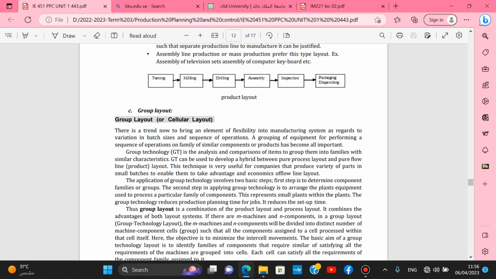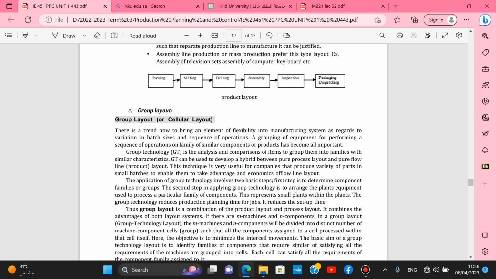This technique is very useful for companies that produce variety of parts in small batches. يعني في الباتش production قولوا احنا to enable them to take advantage and economics of flow line layout. في الباتش production عادة بنستعملوا هالسيلولار layout لأنه في الباتش production قلنا إنه we produce variety of parts في small batches في يعني في lots ولا في groups.